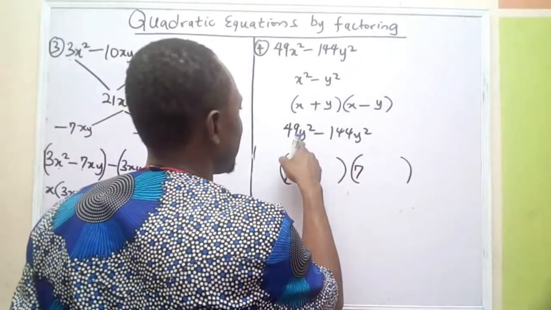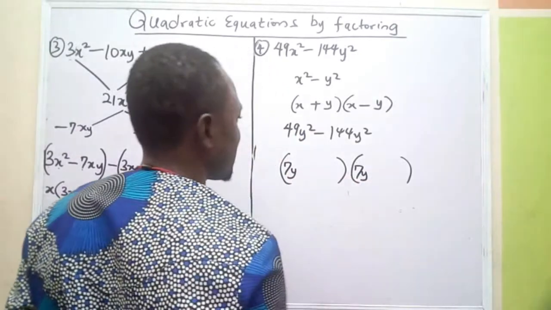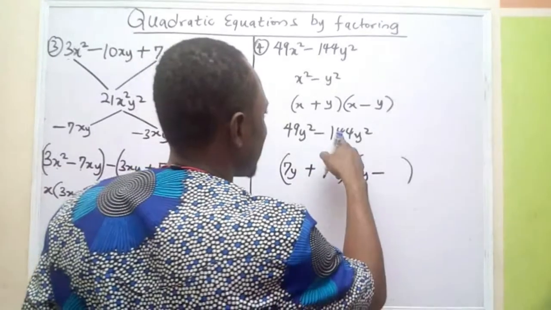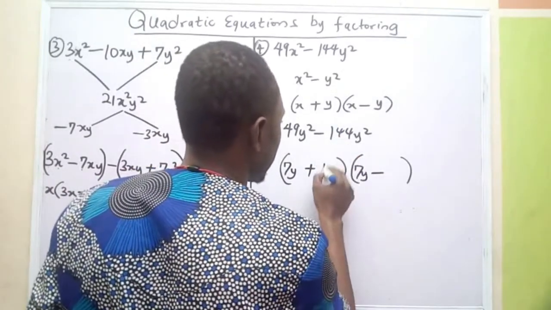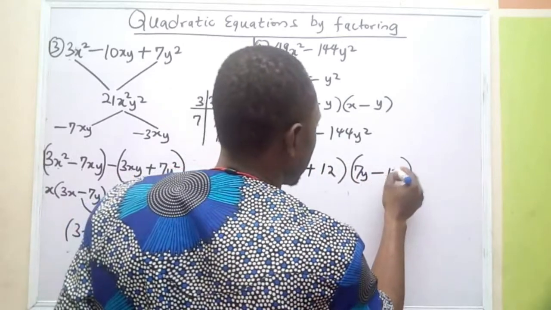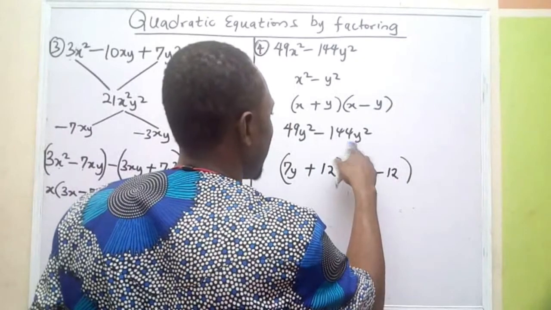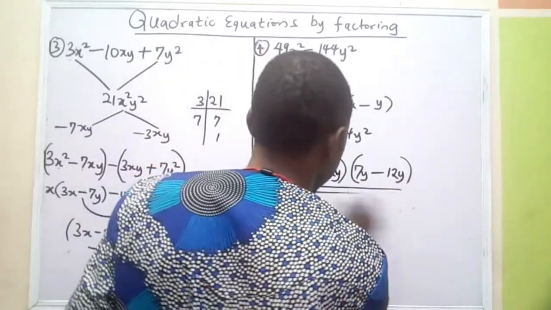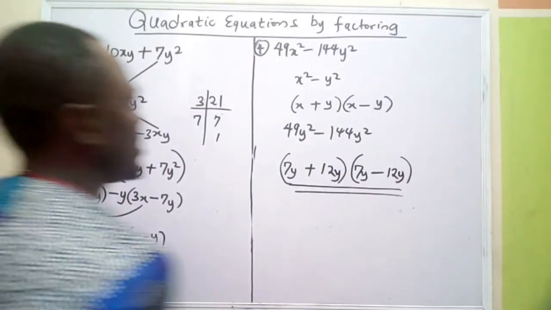The square root of x squared is x, so I'm going to write x here and attach it to the 7. This is plus, that is minus. The square root of 144 is 12, so I write 12 here and 12 there. So that is my answer. It's pretty much easy.